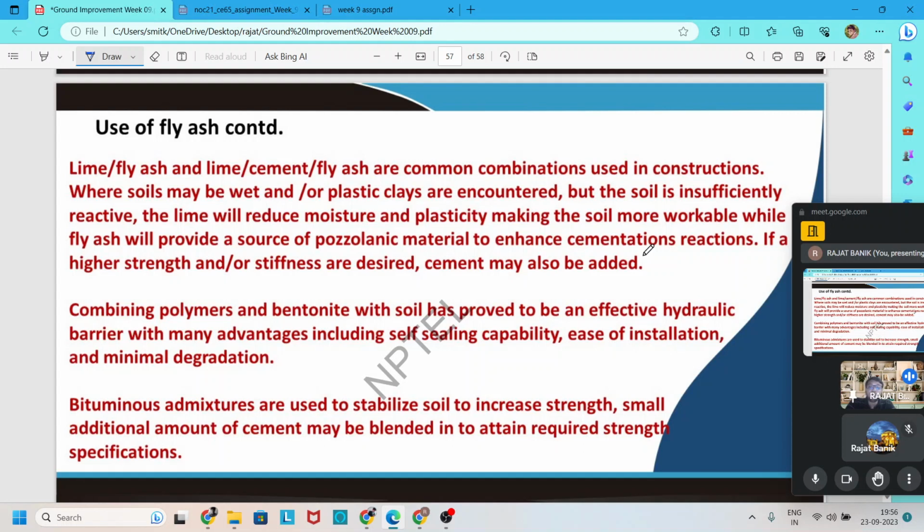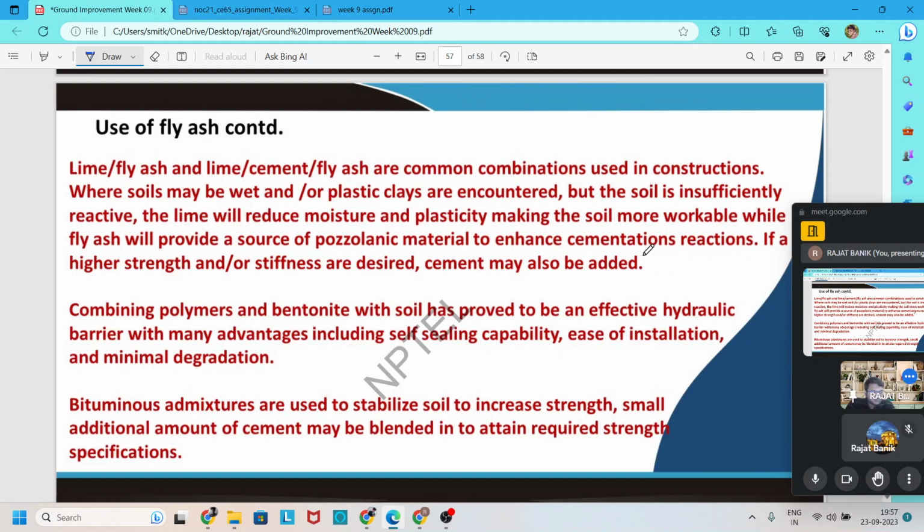The lime will reduce moisture and plasticity, making the soil more workable, while fly ash will provide a source of pozzolanic material to enhance the cementation reaction. If a higher strength and stiffness are desired, cement may also be added.